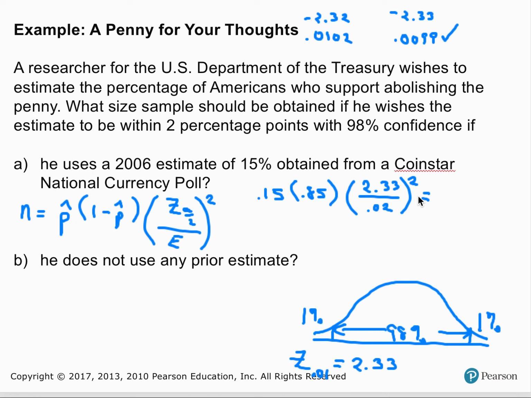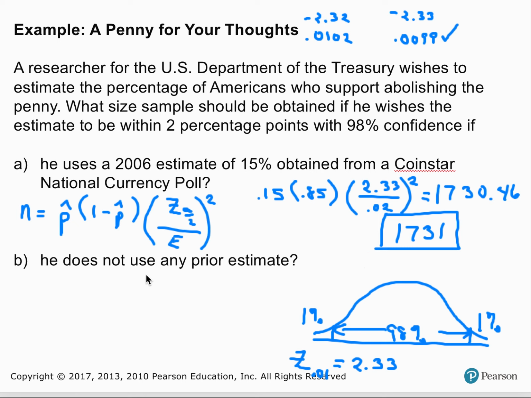And I get 1730.46. You always round up. So he needs a sample of 1,731 individuals.